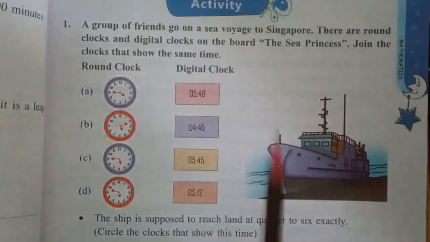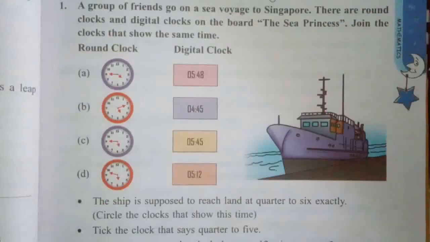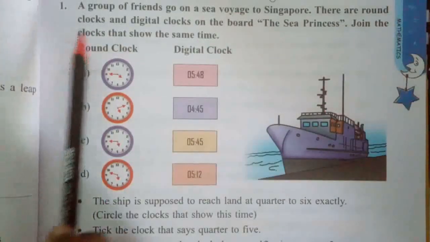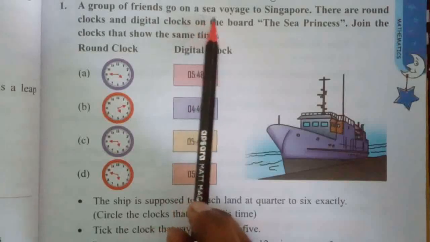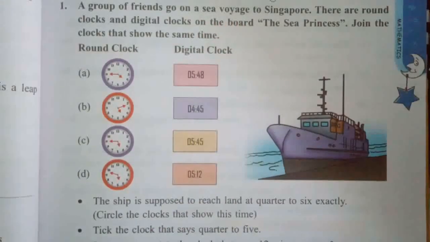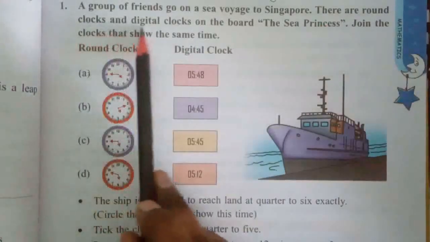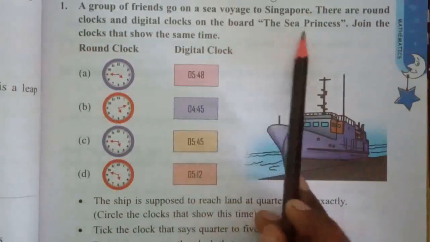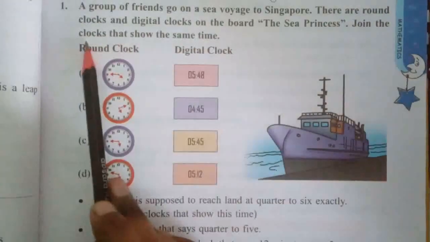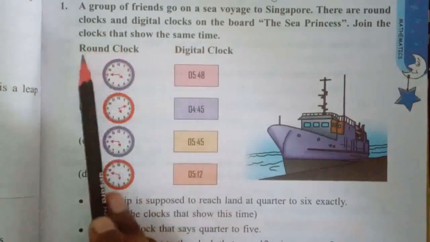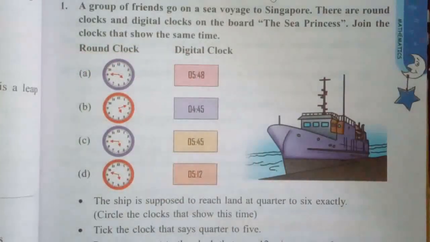Now let us do the activity. A group of friends go on a sea voyage to Singapore. There are round clocks and digital clocks on board the Sea Princess. Join the clocks that show the same time. Round clock, digital clock.